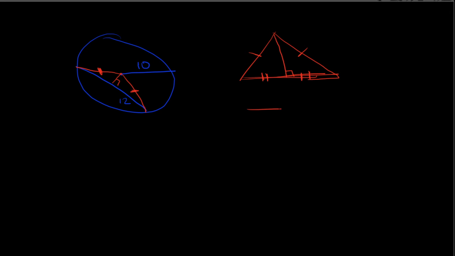So if the whole length is 12, that means each one is going to be 6. The radius is going to be 10, so that's going to be the hypotenuse here. This one is going to be a 3, 4, 5 triangle. I have 6, I have 10. That means the missing side is going to be 8. So the distance is going to be 8 in this case.